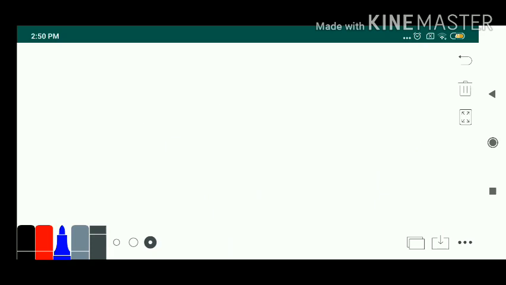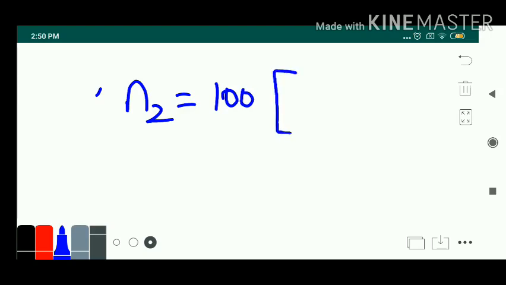Alright, now I'm going to replace the values. N2, that is the numerical value in the second unit, is equal to N1, taken as 100, we just wrote, right? What is M1, guys? What has been written? That is 1 kilogram, right? So 1 kilogram divided by M2, I'm going to write it as 1 gram.